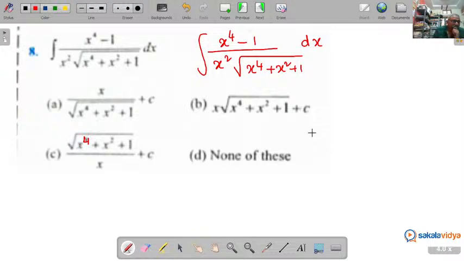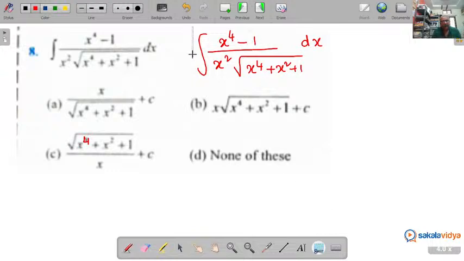Okay, so here also from x to the power of 4 plus x square plus 1, let us take x square common out. X square common out means x cube we will be getting. Again this x to the power of 4 minus 1, you can write (x square minus 1) into (x square plus 1).